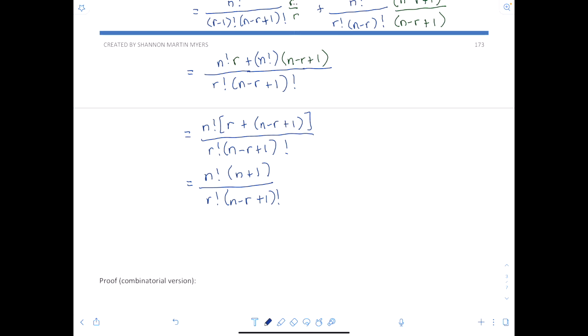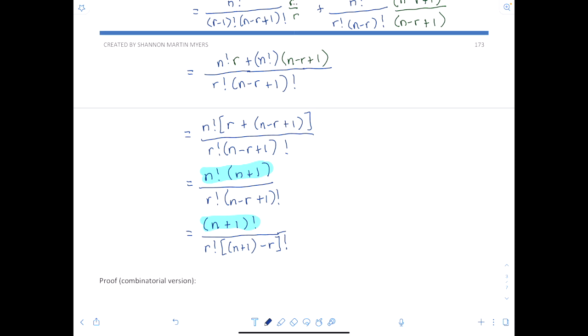Do you see that n factorial times quantity n plus 1 is n plus 1 factorial? And let's rewrite this denominator as r factorial times, I'm going to group n plus 1, and then we still have that minus r hanging out, and that's all factorial. Cool so far?